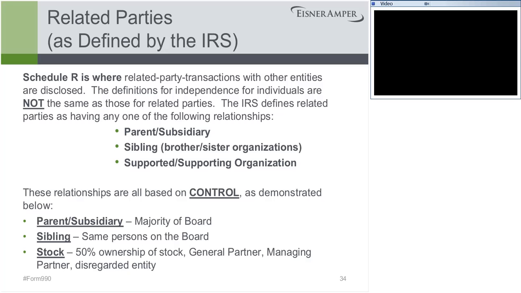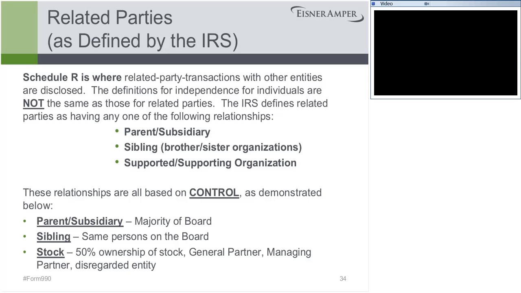So basically the IRS is saying that there's an element of control, right? Having one board member in common or an employee in common or a spouse in common doesn't give you control over the other organization. Having more than 50% of your board make up the other board is a controlling interest. If my board is the only one that's allowed to elect your board, we completely control every single person that ends up on your board.